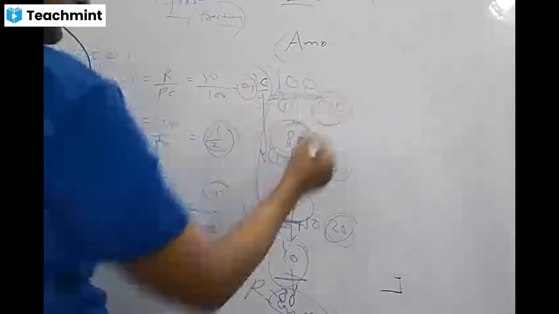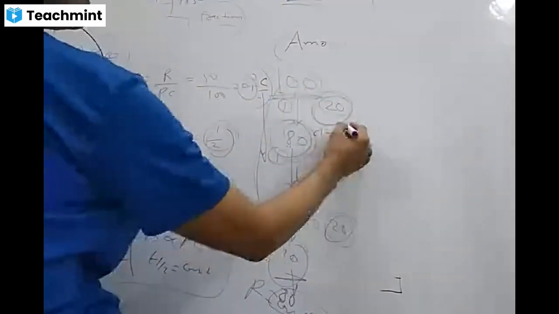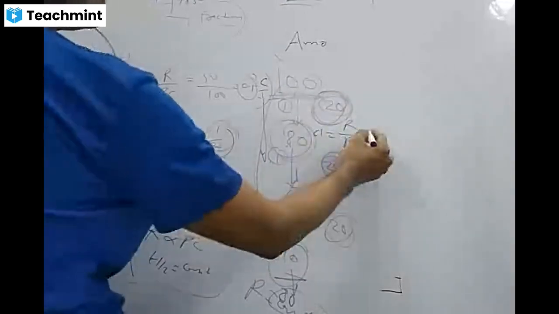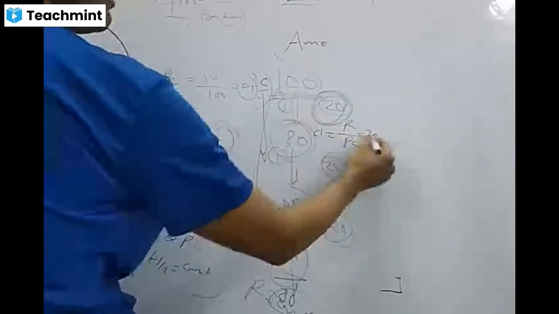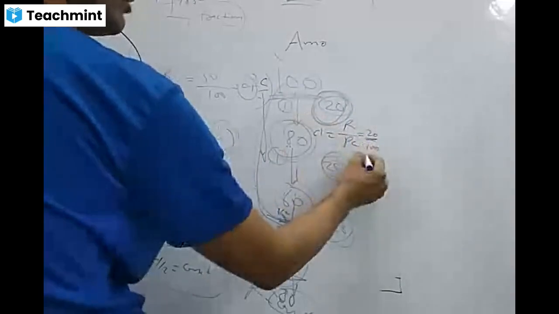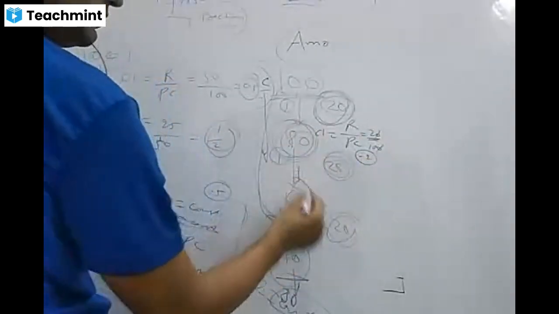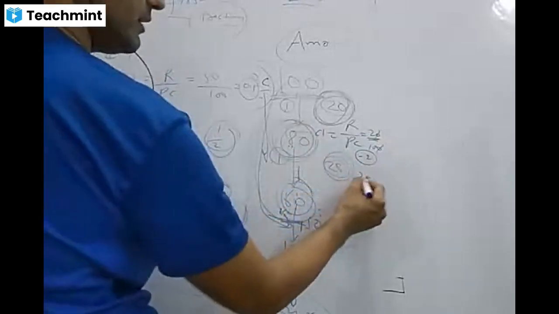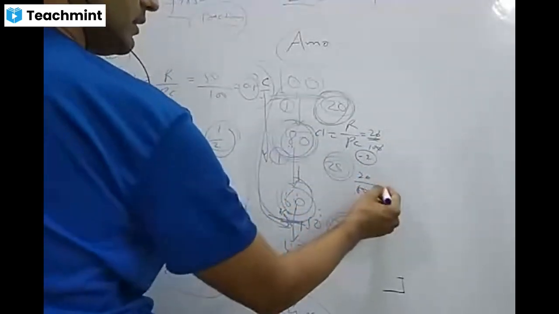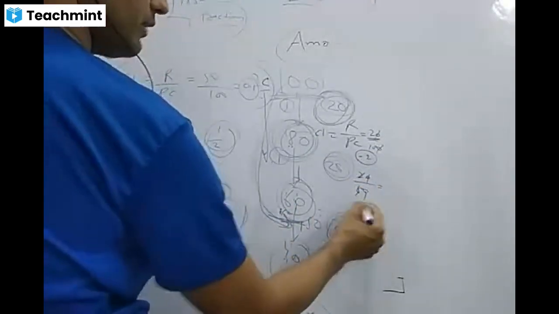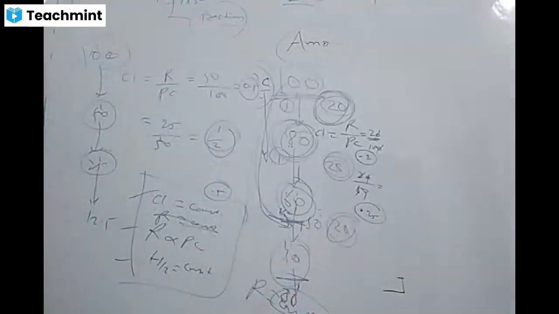In case of zero order, if you look at the clearance, that is rate divided by plasma concentration. Rate of elimination is 20 per hour divided by 100, that is 0.2. Next, 80 to 60, again 20 by 80 equals 0.25. So from 0.2 it is increasing to 0.25.